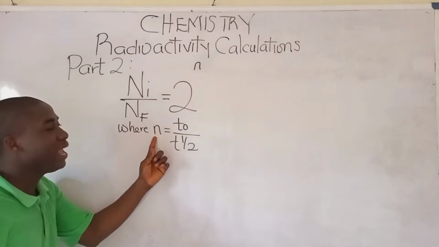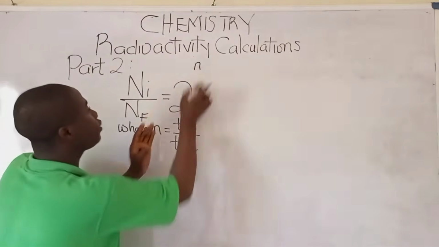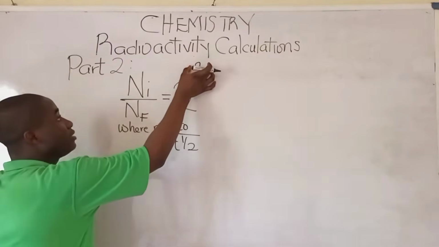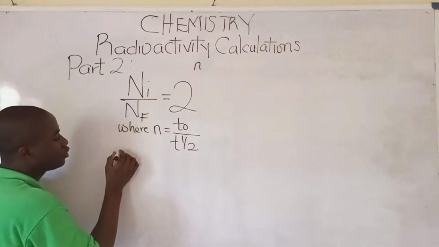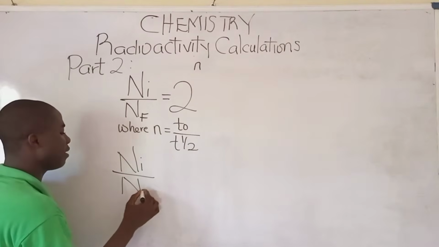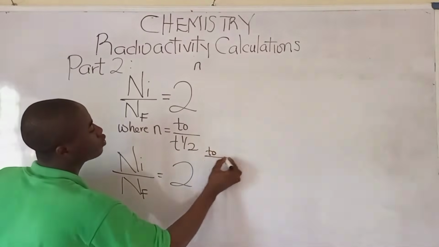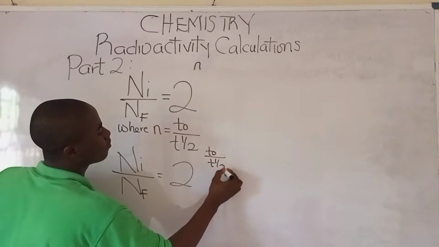Now, where n is T naught over T1 over 2. So basically, we input this in this place where this n is in the formula. So definitely the formula becomes Ni over Nf is equal to 2 raised to the power of T naught over T1 over 2.